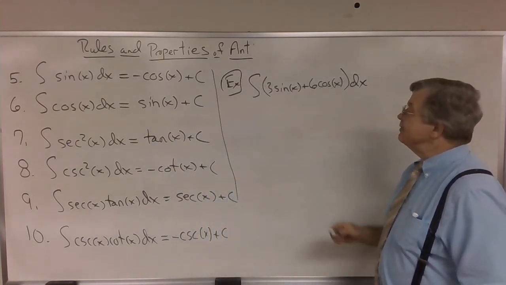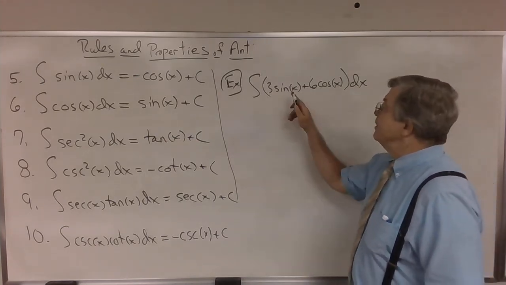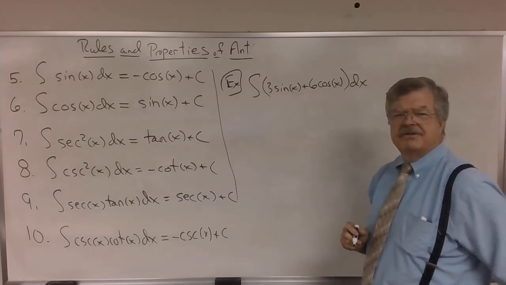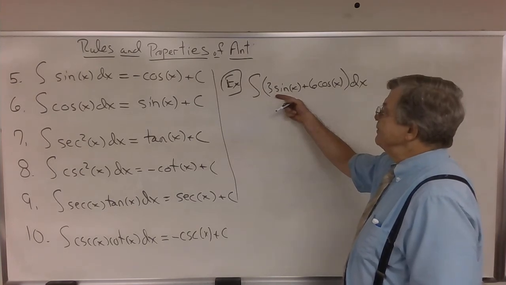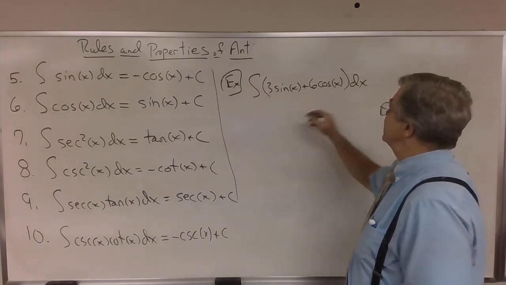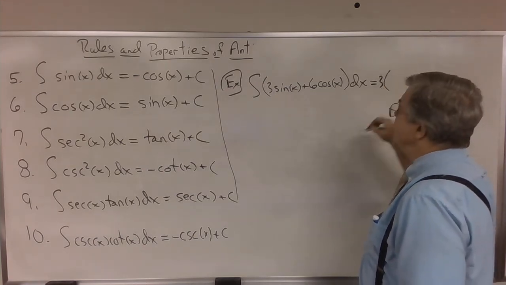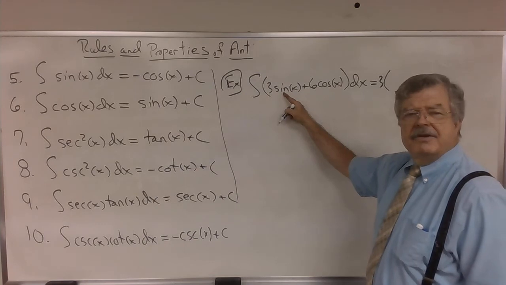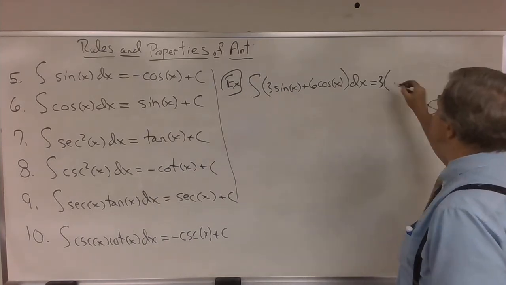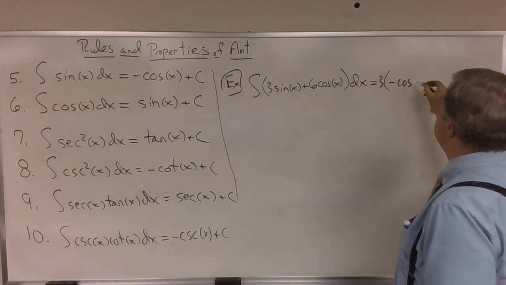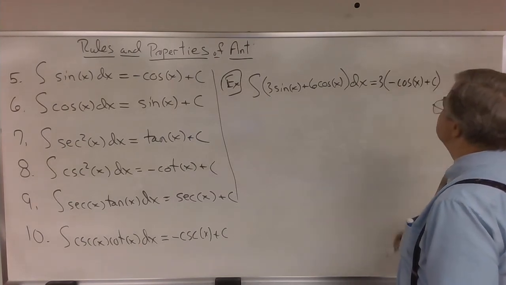It's the antiderivative of the sum or difference of functions. So we do the antiderivative term by term, one term at a time. We do the antiderivative of this term, and it's a constant times a function. We write down the constant, and then we compute the antiderivative of sine of x, which is negative cosine of x, plus c.